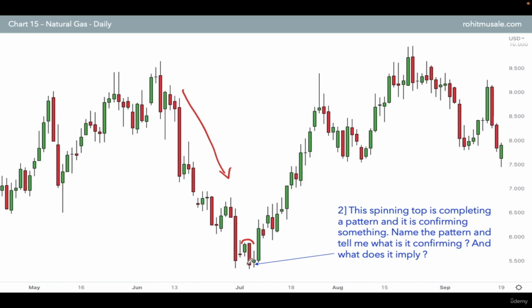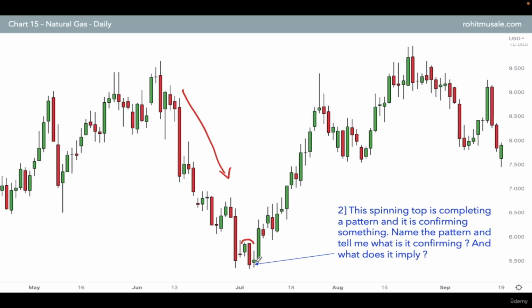But since now you know these patterns and you understand what the implication of the close of the candle above the close of the black candle is, you are in a better position to take advantage of this candlestick knowledge, right?